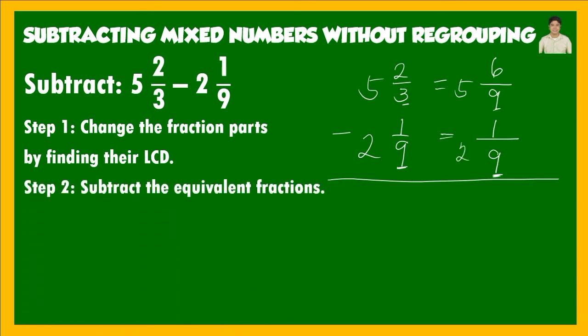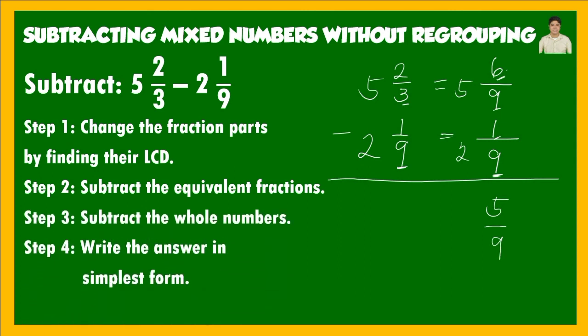So, subtract the equivalent fractions. So, 6 minus 1, we have 5/9. And then, subtract the whole numbers. 5 minus 2, we have 3. And then, write the answer in simplest form. Again, simplify 5/9, yung fraction natin.